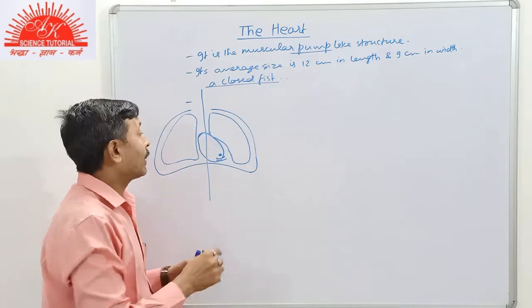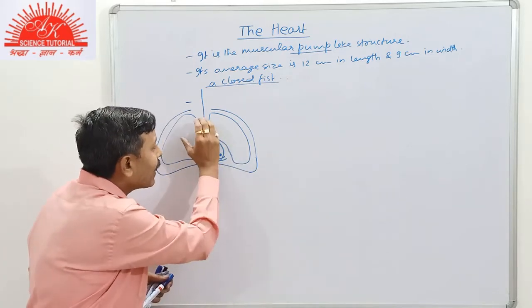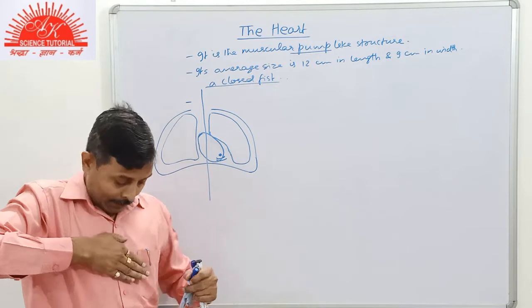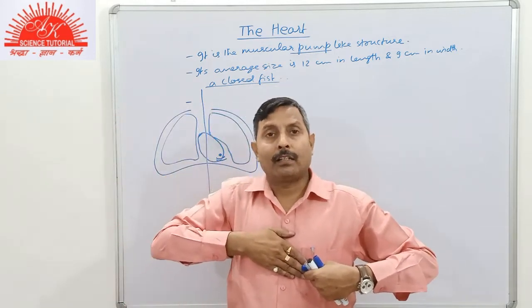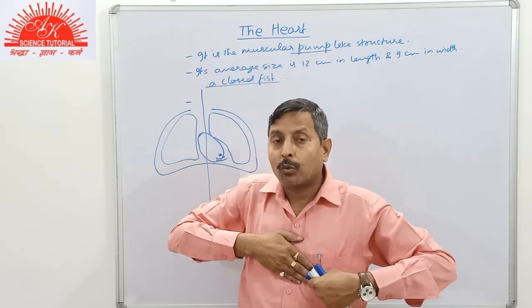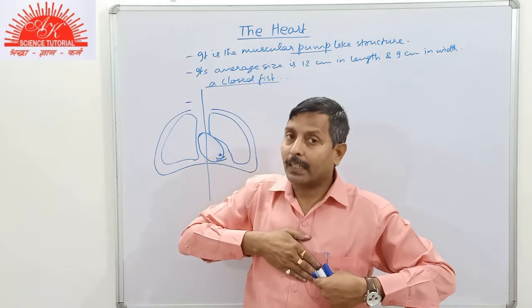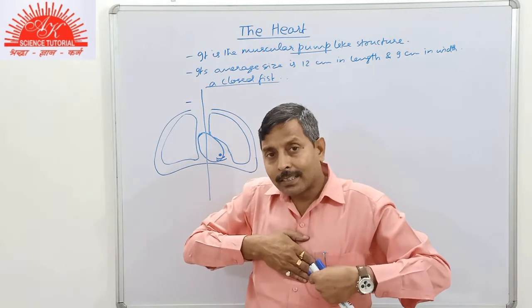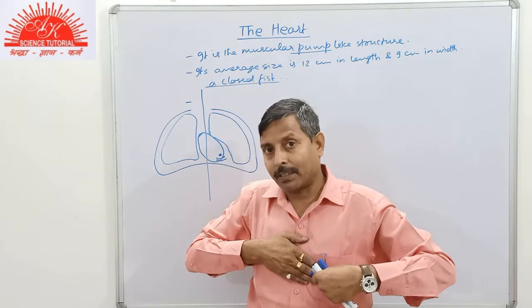The reason is that the lower pointed tapering end of the heart is tilted on the left side, that is the ventricle side, which produces a powerful heartbeat. Hence, the heart sounds are felt on the left side.